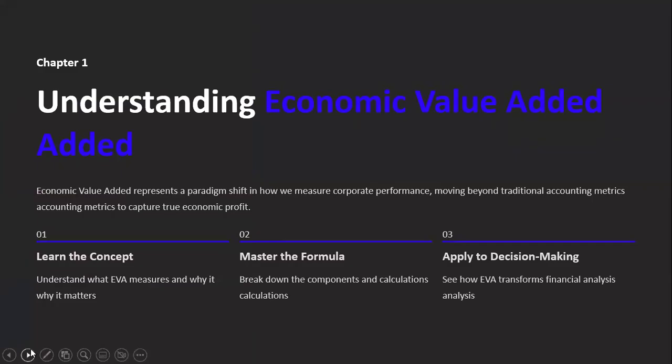Economic value statement, as I said, measures corporate performance beyond accounting metrics. It tries to understand the performance or operational efficiency in such a way that every work is accounted towards the goal of wealth maximization, towards the goal of earning more and more revenue.